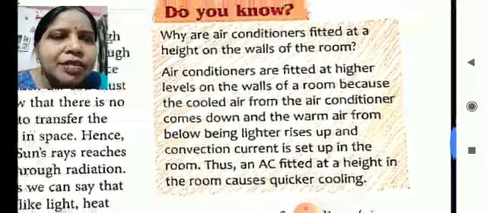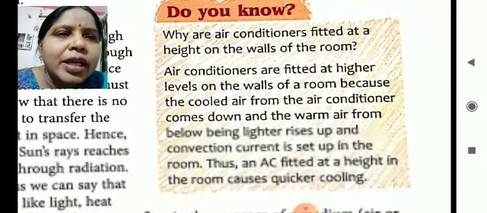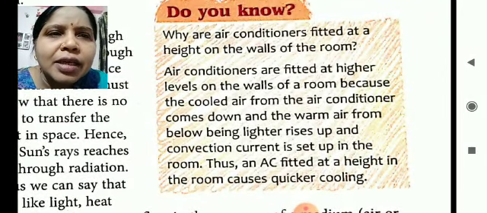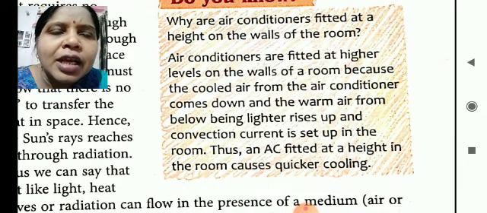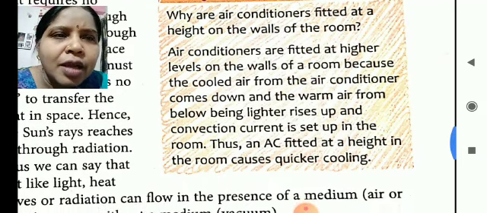One amazing fact is: why are air conditioners fitted at a height on the walls of the room? You can see the ACs are fitted at the higher level on the walls. Why?